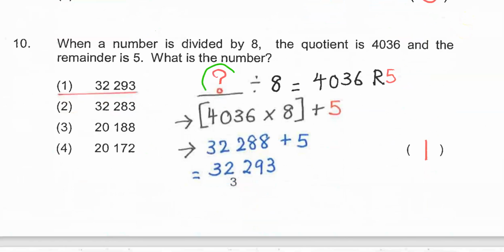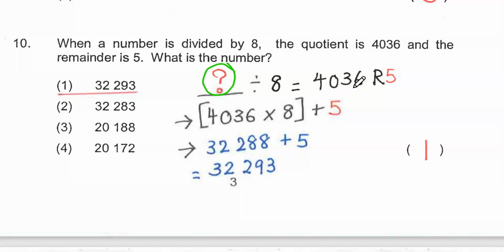When a number, something you do not know, you need to find out, is divided by 8, the answer is 4036. 4036 is the number of groups of 8.